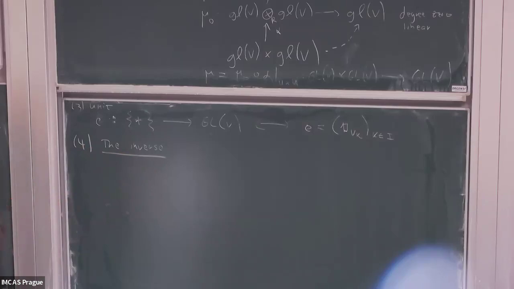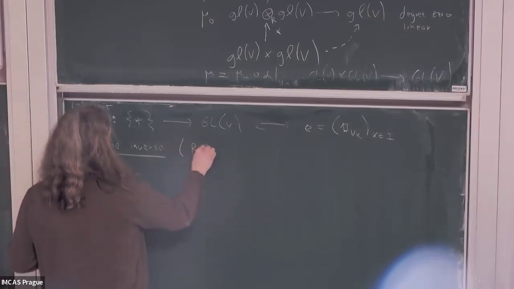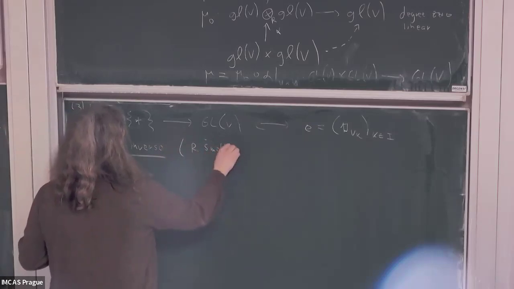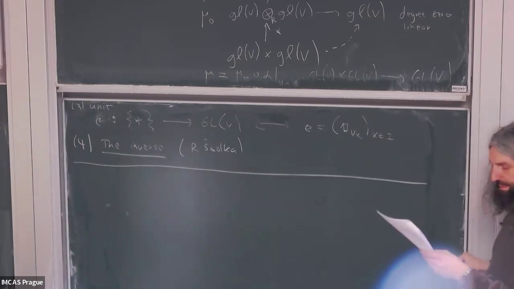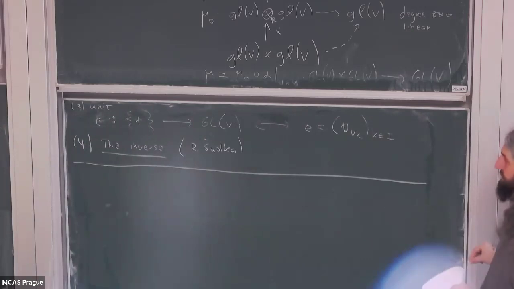Therefore, those infinite power series are actually not infinite because you can cut it at some degree. And that's how the inverse is defined. I won't write down the formula; if you want details, look into the master thesis of Rudolf. Okay, and its Lie algebra is indeed GLV.